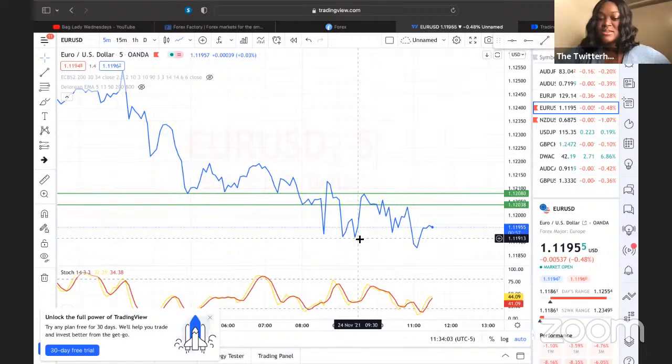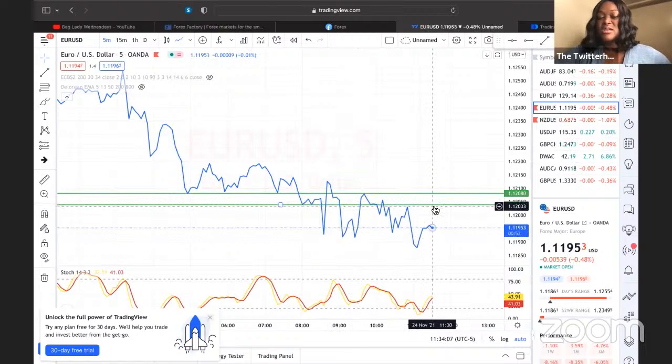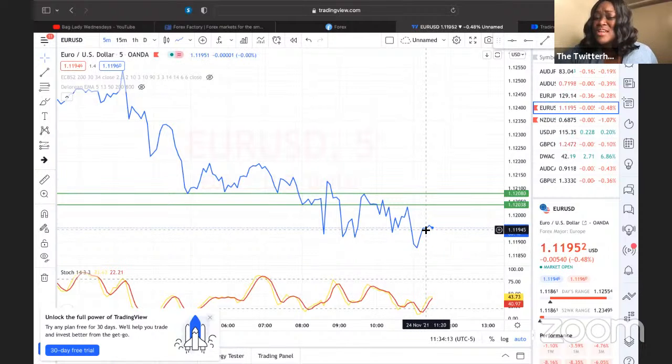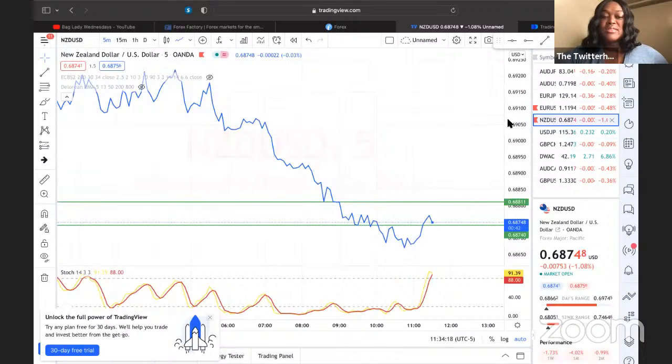So I'm like, okay, what's the next one? I was looking to see if it would come up here to go down, but it just didn't cooperate. And it's actually not really moving that much. Same thing with NZD USD.